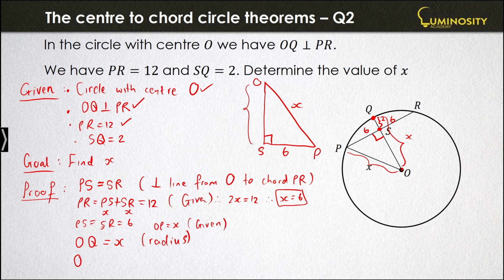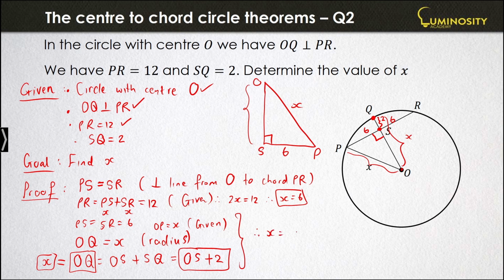We know that the full length of OQ can be written as OS plus SQ, and SQ was 2 units. So OQ equals OS plus 2, but OQ is equal to X. Therefore X equals OS plus 2. If I subtract 2 from both sides, I have the length of OS in terms of X. So this full length here can be written as X minus 2.